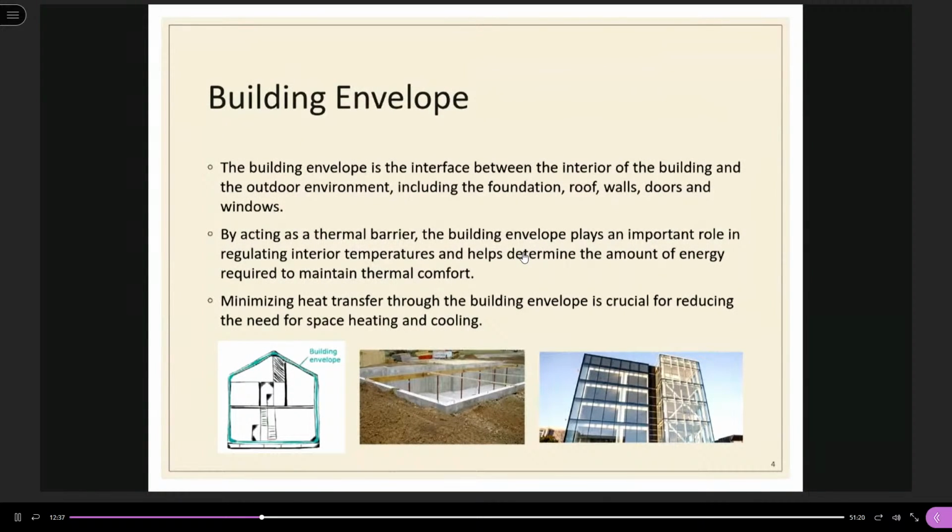So it is to minimize the heat loss from the interior to the exterior. So the building envelope, whether it is made with insulation or what the material is, very much affects how much energy you need for air conditioning.